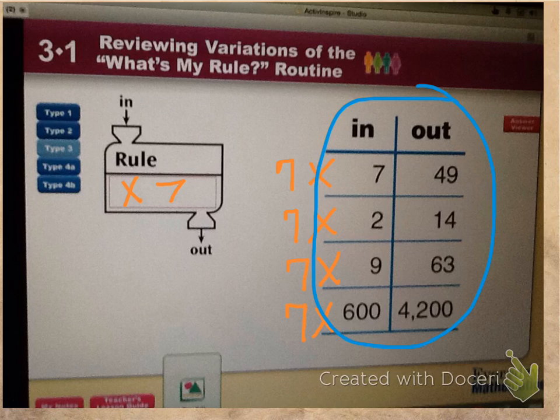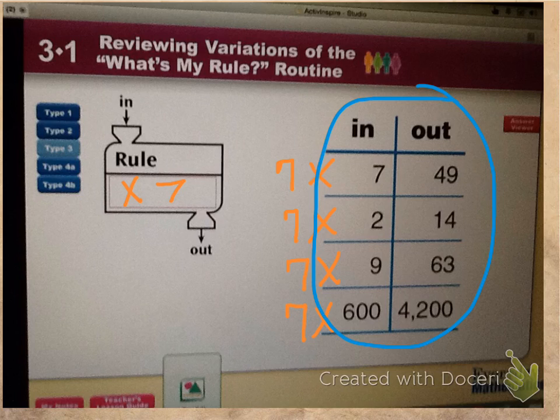So there's a couple of different ways that I could have gone about this. Now you notice on the left side that I have written 7 times for each row. And yes, 7 times 7 does equal 49, and 7 times 2 does equal 14. 7 times 9 does equal 63, and 7 times 600 does equal 4,200.